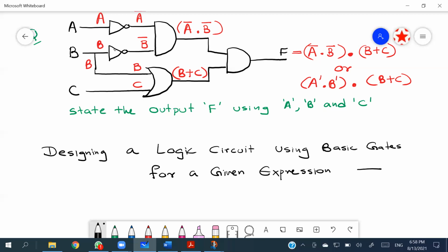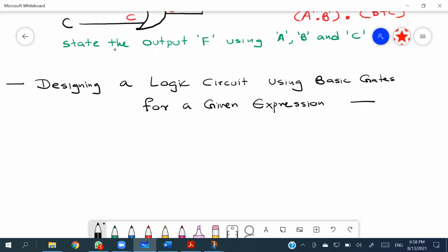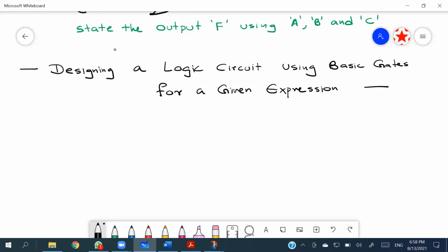Right? So this is going to be your topic. So let's see how we are going to do this. I'll give you time to write this down. Just follow me for the moment, right?